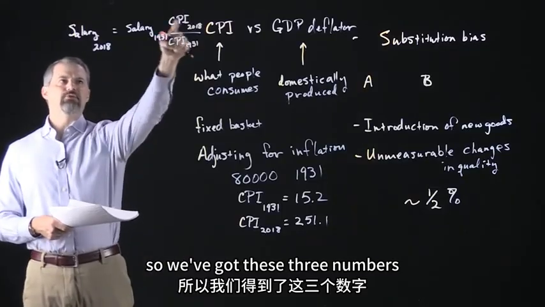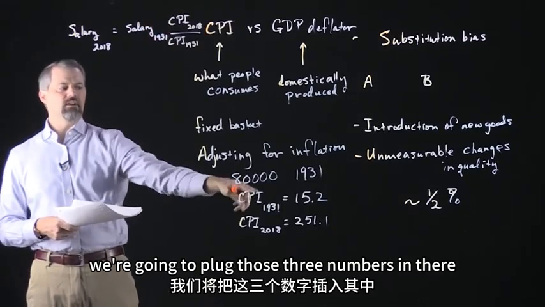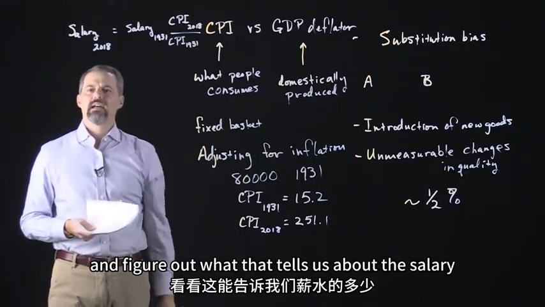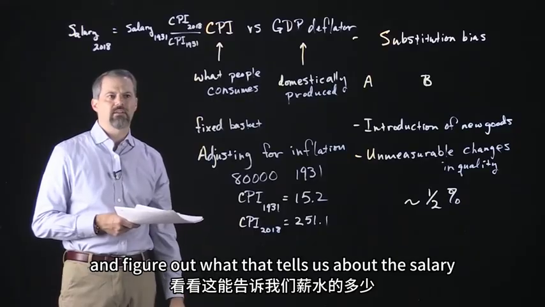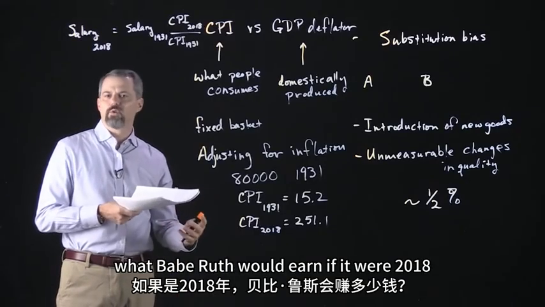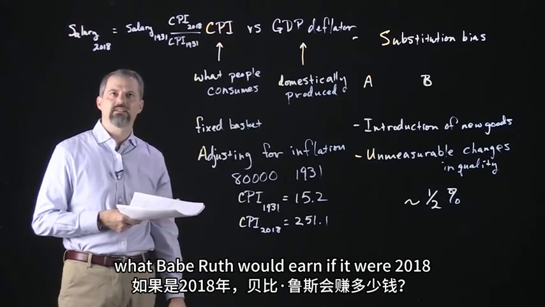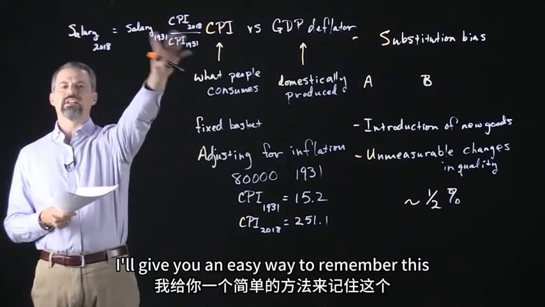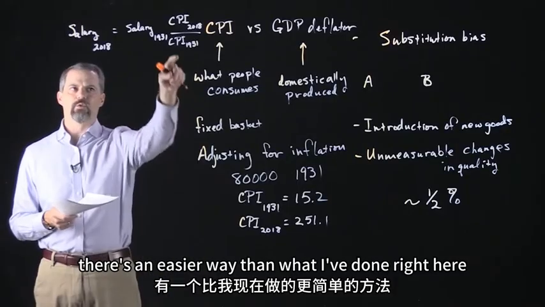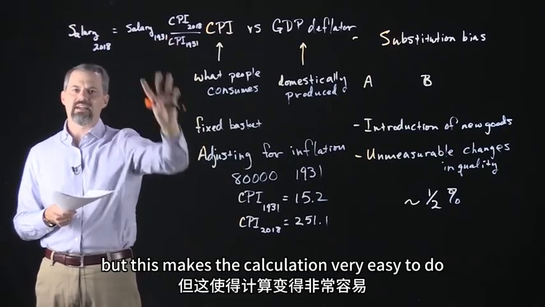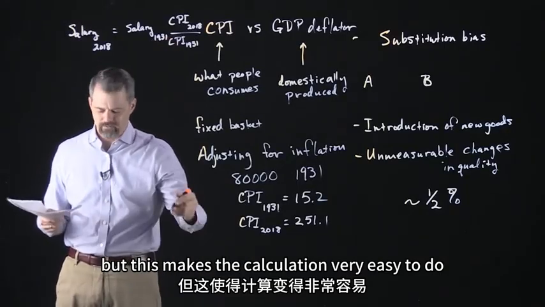So we've got these three numbers. We're going to plug those three numbers in there and figure out what Babe Ruth would earn if it were 2018. Once we do that, I'll give you an easy way to remember this. There's an easier way than what I've done right here, but this makes the calculation very easy to do.